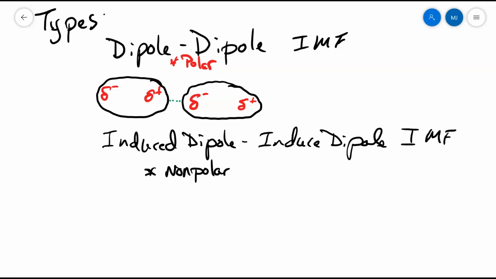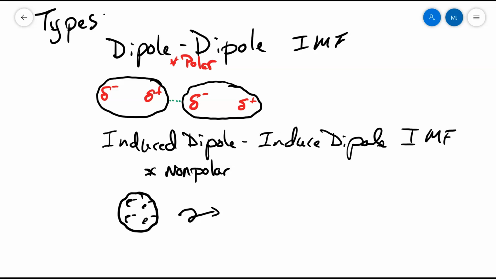Well, actually the induced dipole effect is present in all molecules. It is just the most important in nonpolar ones. So let's take a particle that has an even distribution of electrons. I'm going to just draw some electrons in here. I'll draw 4 electrons in. So this is nonpolar.